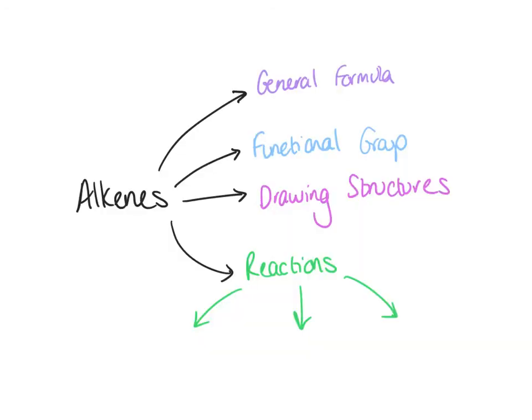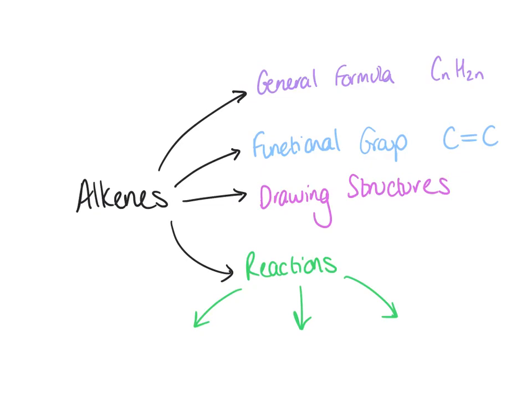So that's us finished with alkenes. So just a quick run through of what you need to know with alkenes. Make sure you know that their general formula is CnH2n, that they have a functional group which is a carbon-carbon double bond, and that makes alkenes more reactive than alkanes because that's where the chemistry happens.